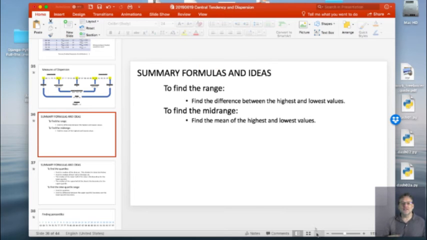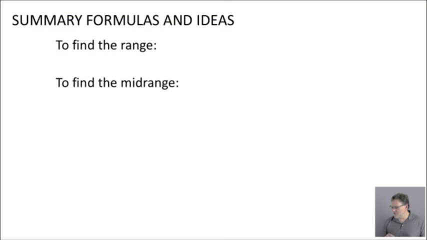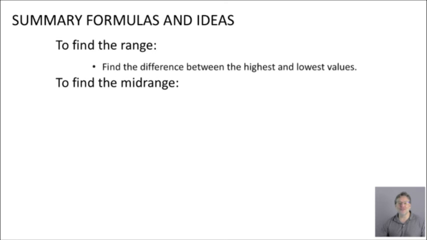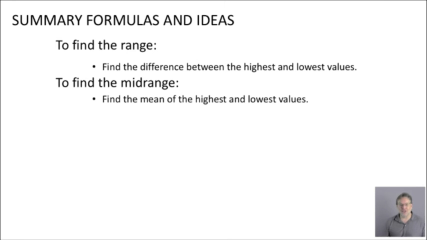So let's summarize what we found so far. To find the range, and that's easy, you just take the largest value and subtract the smallest value. You find the difference between the maximum and the minimum. That's your range. The mid-range, which is technically a measure of central tendency, not really a measure of dispersion, you find by finding the mean of the highest and lowest values.